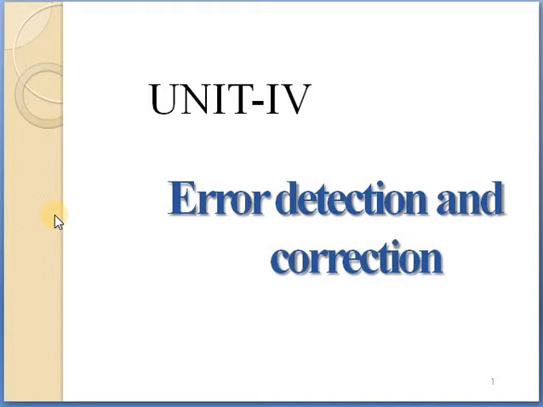The third point we discussed in the previous lecture is noise. Noise is defined as unwanted data, or an unwanted signal that mixes up with the original signal. There are mainly four types of noise: induced noise, crosstalk noise, thermal noise and impulse noise, which may corrupt the signal.